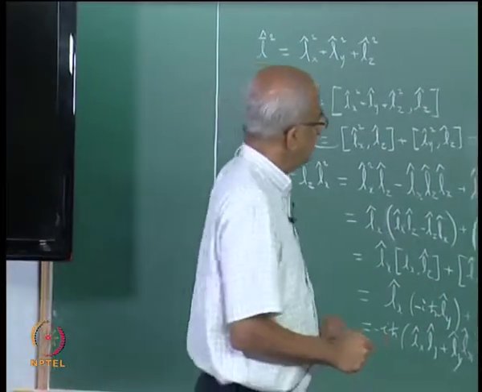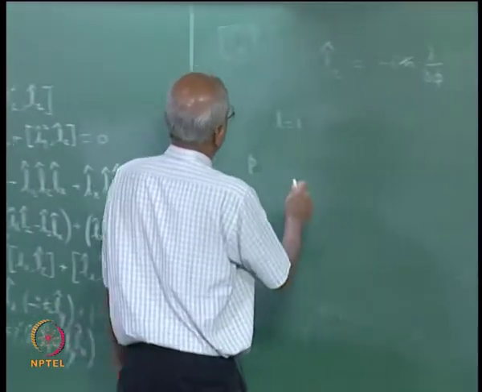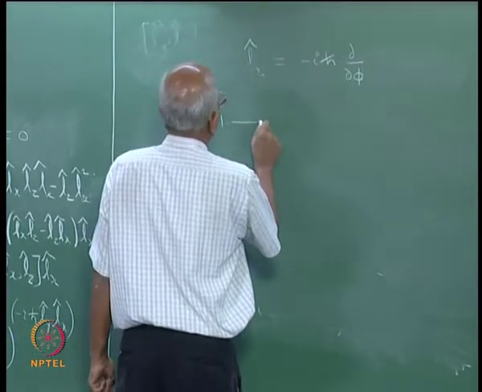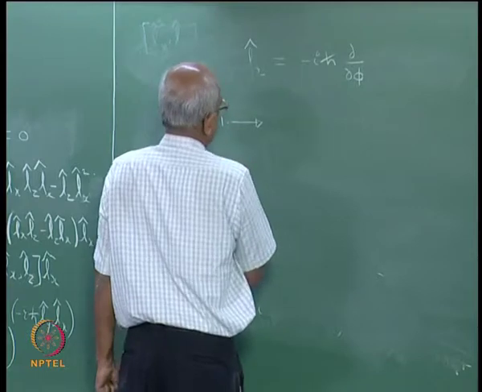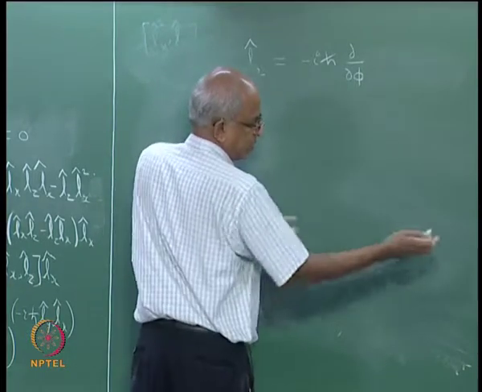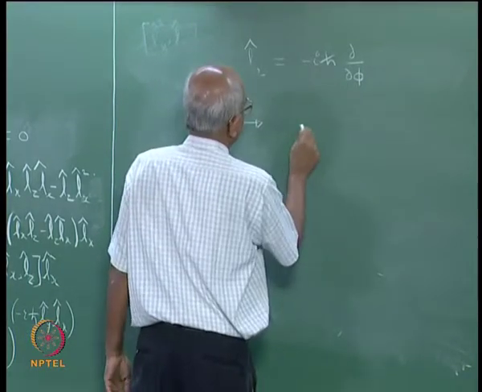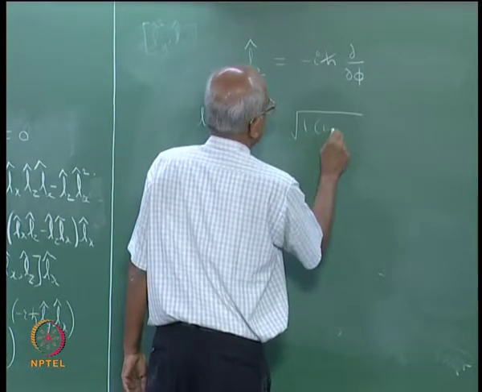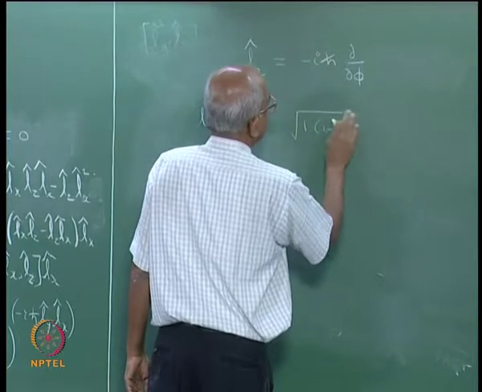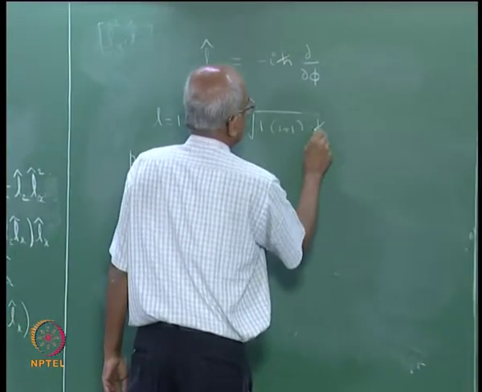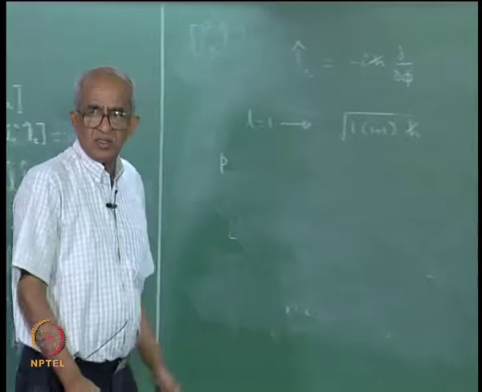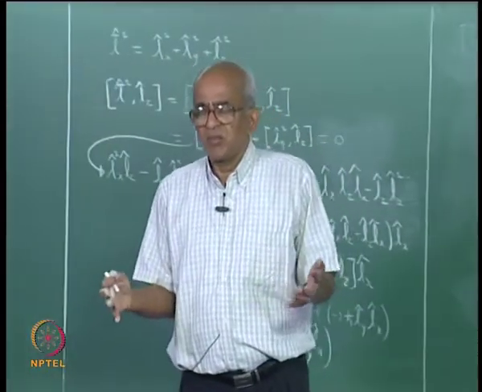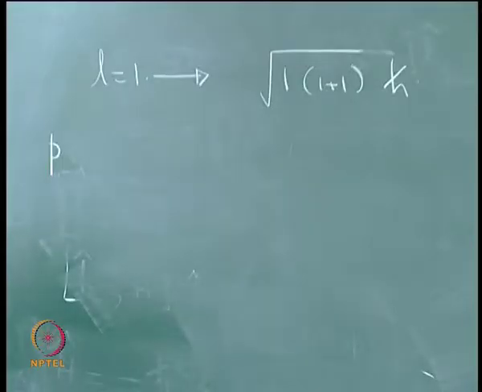L is equal to 1, and for such a state, what is the value of the angular momentum vector? You will say, okay, it is nothing but square root of 1 into 1 plus 1 h cross. So, this is the value of the angular momentum vector, the length.